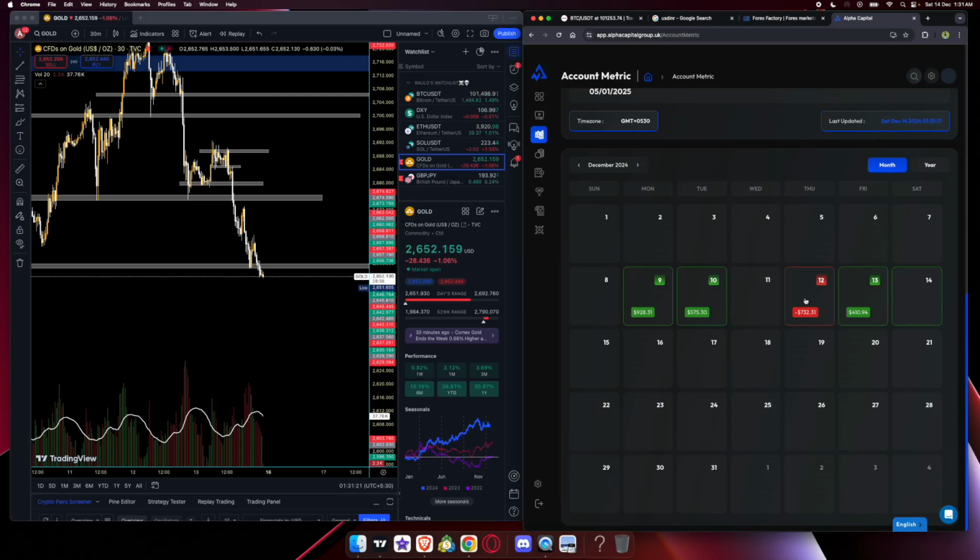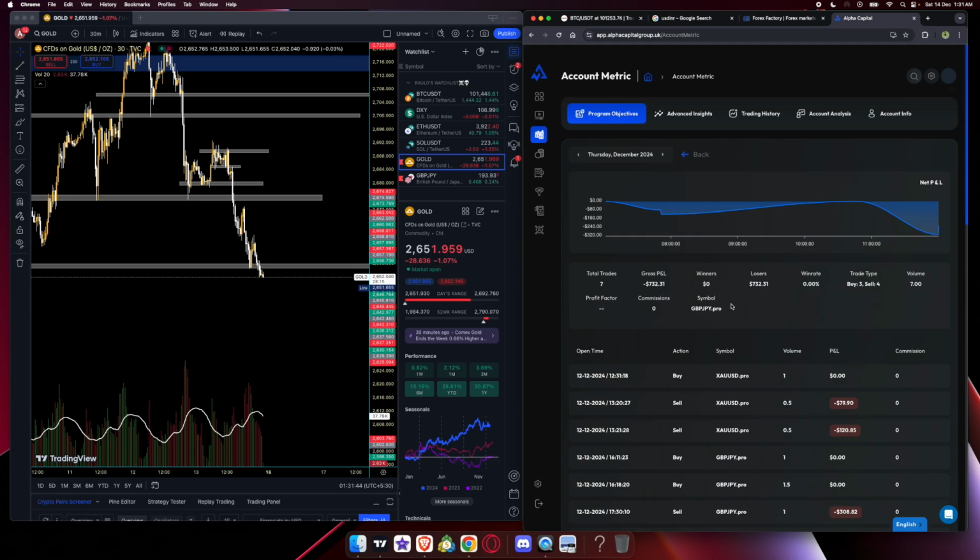On the fourth day we faced an initial loss, which was a good loss, but in the second trade we traded against our setup. It was in our setup, but we didn't go with our setup. So yeah, this was an unnecessary loss, as you can see.